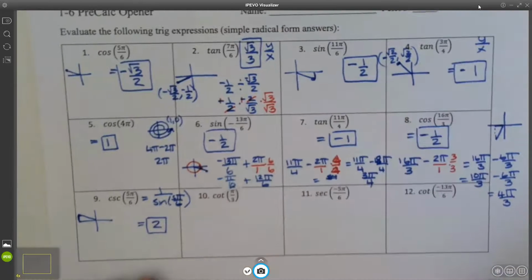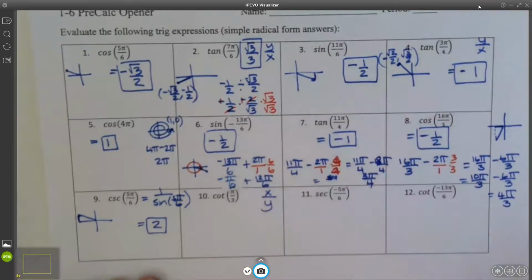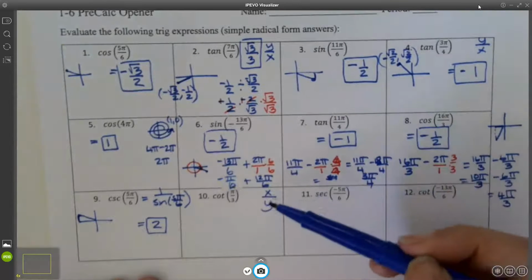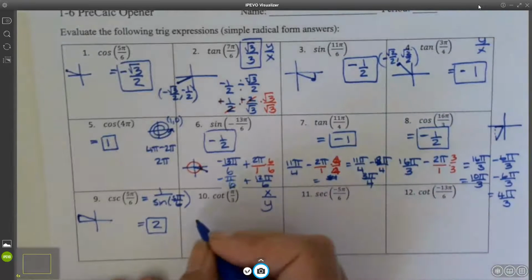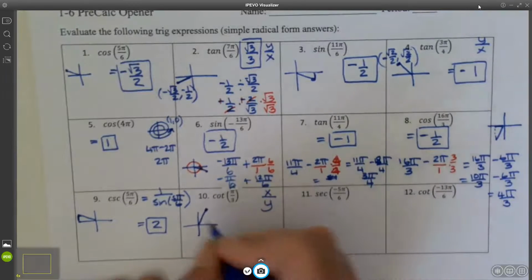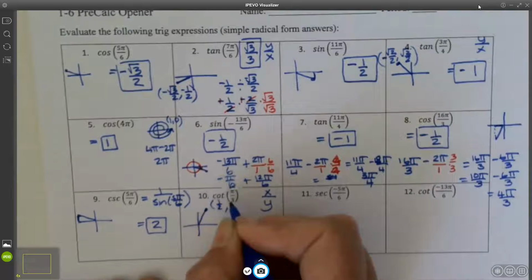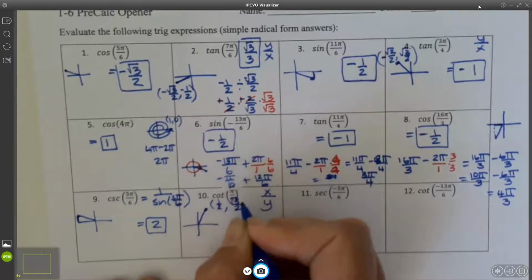For the cotangent of pi over 3, cotangent is the reciprocal of tangent. Tangent was y over x. So the cotangent is x over y. Pi over 3 is in the first quadrant. The ordered pair here is the x coordinate is 1/2 and the y coordinate is √3 over 2.